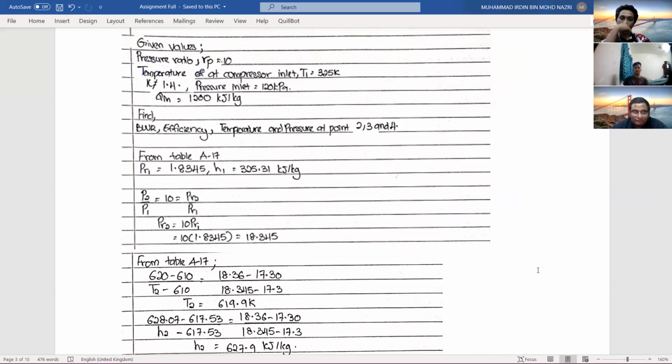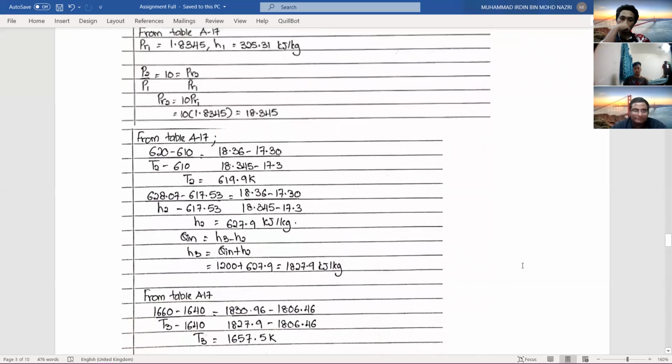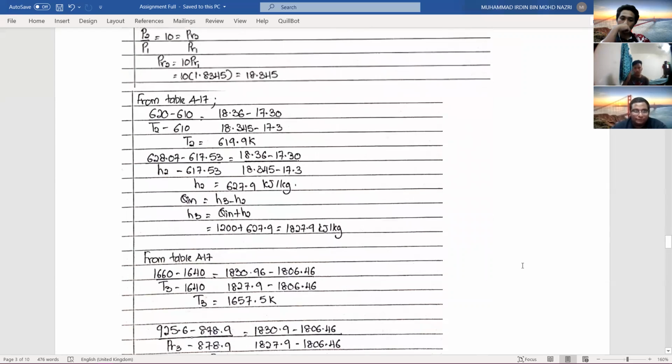From there, we can find Pr2, which is 10 times Pr1, so we get 18.345. From table A17, we do the interpolation for Pr2 of 18.345 to get T2. From there we interpolate, and we get T2 equal to 619.95 Kelvin.